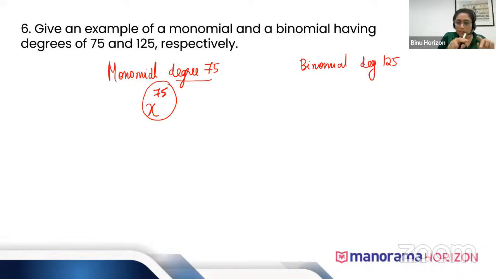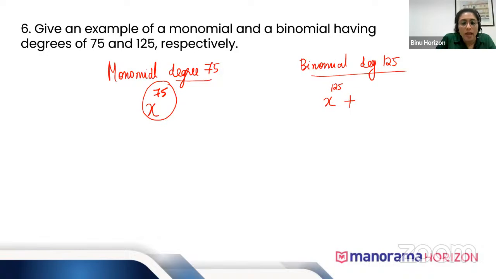Both conditions are based on the number of terms and the degree. Now, how will you write this binomial with the degree 125? It contains two terms and the degree should be 125. That means you just write x and write 125 over there. Whatever degree is given, just write that. Plus, binomial means any two terms. It's not necessary, okay?